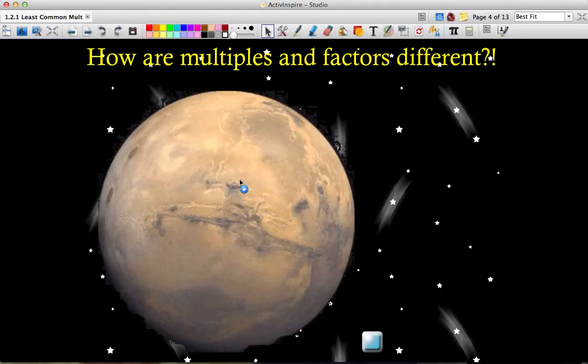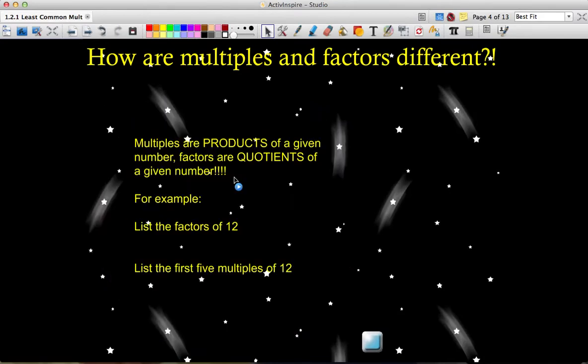So how are multiples and factors different? We're going to talk about factors a little bit later, but multiples are products of a given number and factors are quotients of a given number. For example, if you list the factors of 12, you would get 1, 2, 3, 4, 6, and 12.